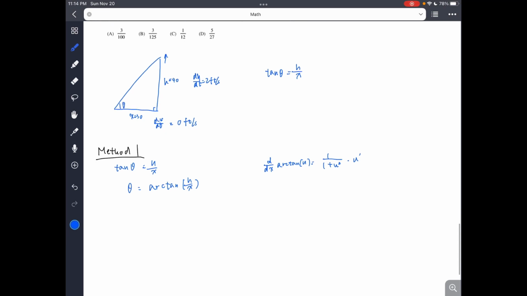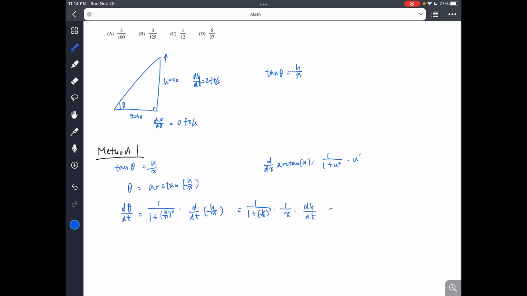So over here, d theta over dt is equal to 1 over 1 plus h over x squared times the derivative of h over x. And x is a constant, so we can pull it out: 1 over 1 plus h over x squared times 1 over x times dh dt.